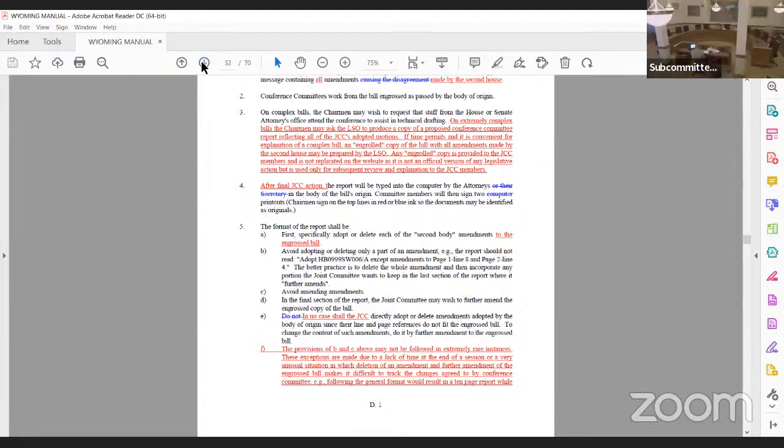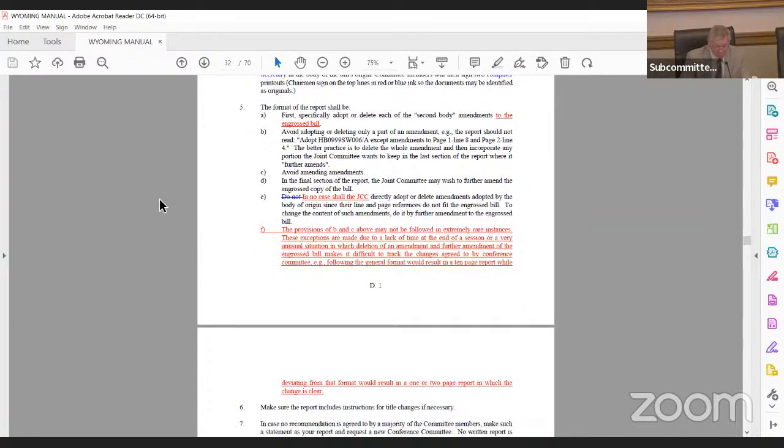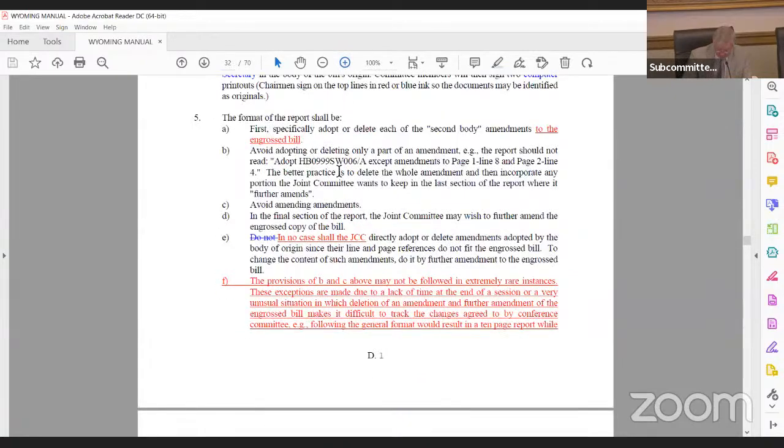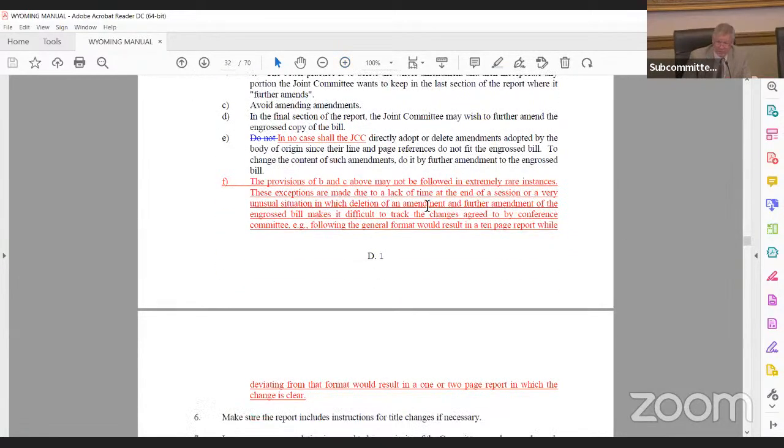Okay, Mr. Chairman, I'm on D1F. We're putting it in here because of a really unique situation. You can see that we're amending the manual. Generally, we tell conference committees, you can't adopt part of an amendment, everything except for whatever in Senate Committee of the Whole Amendment number 1. What we always advise is you delete the whole thing and then further amend. Well, you have had occasion where you might have a 10-page amendment and you just want to drop the word not out of there.